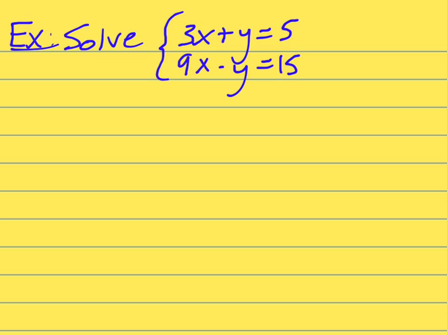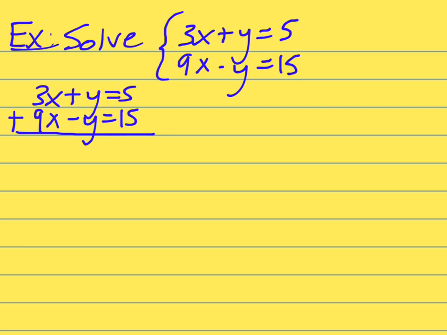So I'm just going to rewrite this. 3x plus y is equal to 5. And I'm going to add to it the second equation. The reason I'm adding is because when I add y plus negative y, it's gone away. So these y's are actually going to cancel.